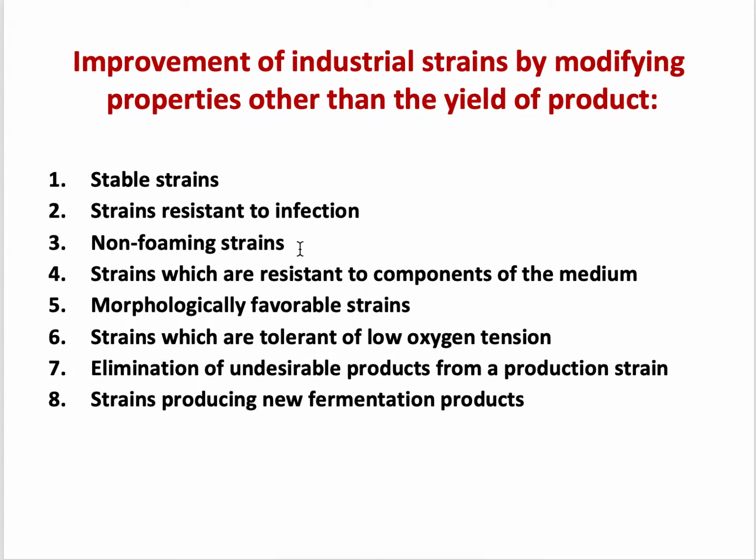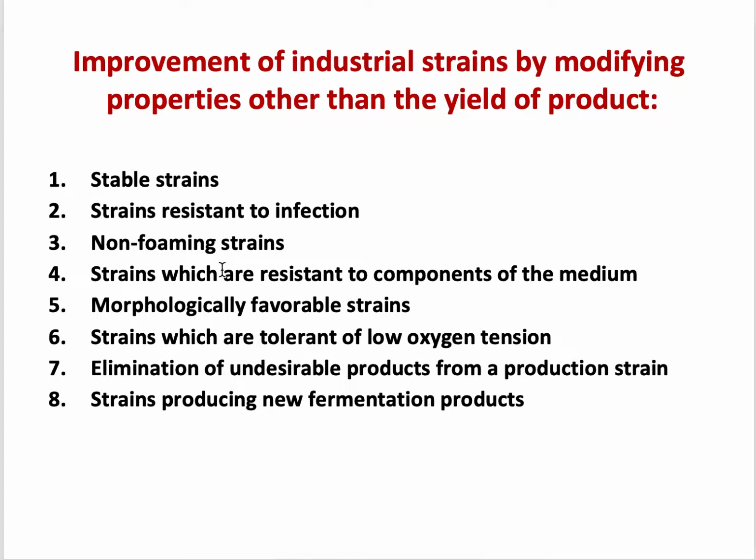And non-foaming strains, because during fermentation, foaming is a problem. If the strain produces too much foam, it affects the efficiency of the fermentation process. So if we can modify the strain so that it produces less foam, the fermentation process will be more efficient.